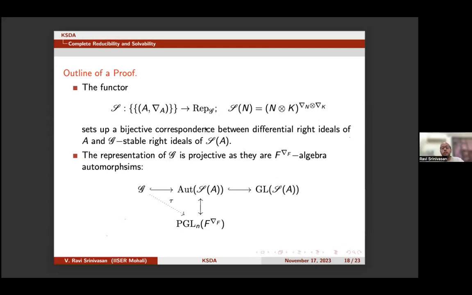No, the point is, I am not claiming anything about other objects. I'm only saying that the differential right ideals of A are G-stable right ideals of SA. But this is not true for any object. It's only for A. Okay, got it.